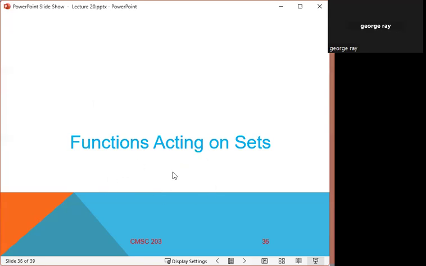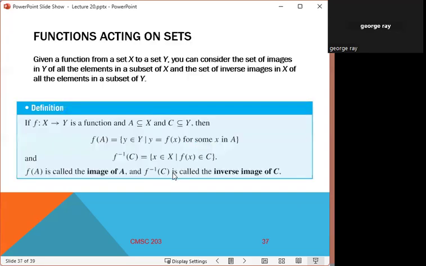And finally, we can have functions that act on sets. So let's say we have a function and we've got this domain X to Y. Y is our codomain.